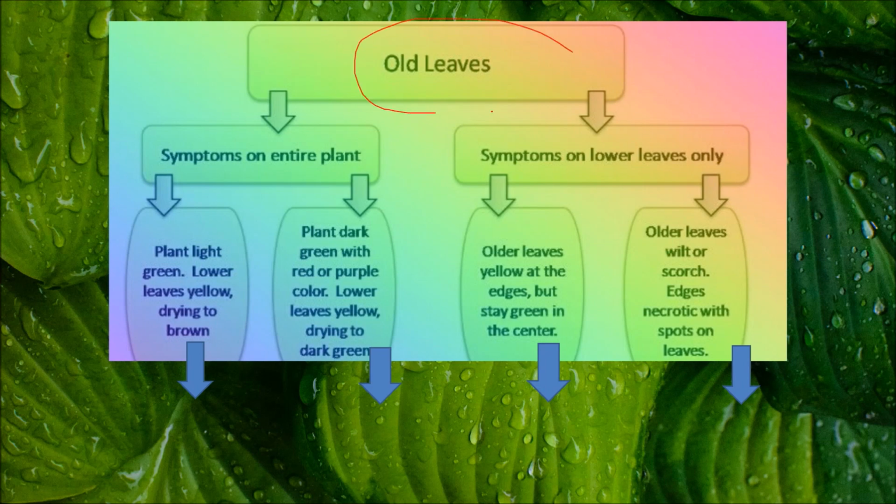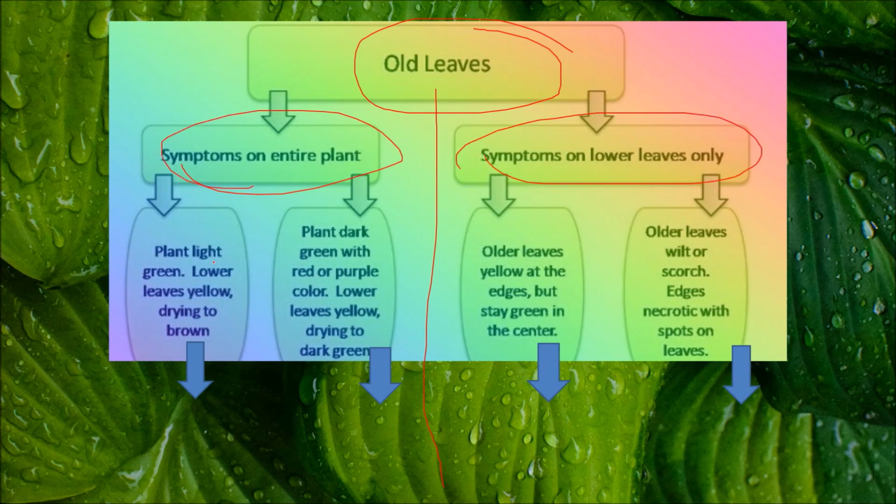Also, if we talk about the older leaves deficiency, then there are two kinds of cases. One is when the symptoms are on the entire plant, and the other is when the symptoms are on the lower leaves. In the first case, where the leaves are turning yellow-green, drying to brown, there is a deficiency of nitrogen. If the color changes to red or purple, then the deficiency is phosphorus.